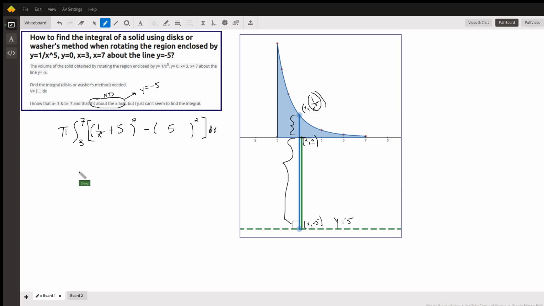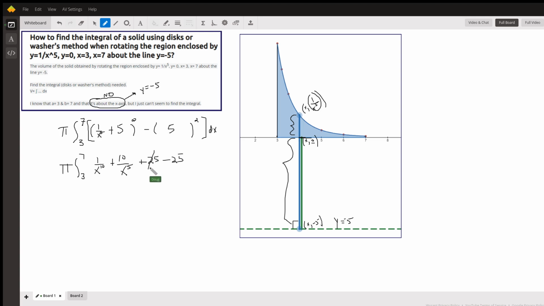So if you simplify all this before you take an antiderivative, we'll square this binomial, which would be 1 over x to the 10th, square the first term, double the product of the two terms would be 5 over x to the fifth doubled is 10 over x to the fifth, plus the second term squared, and then we have minus the inner radius squared.